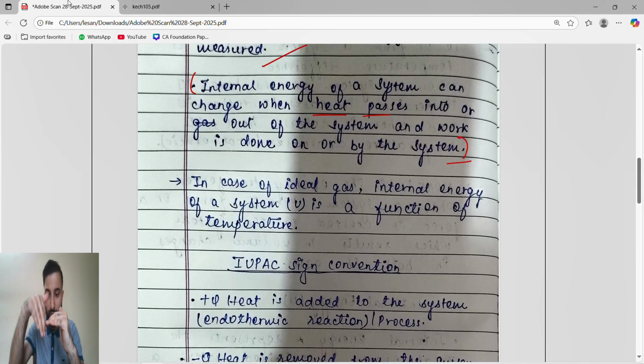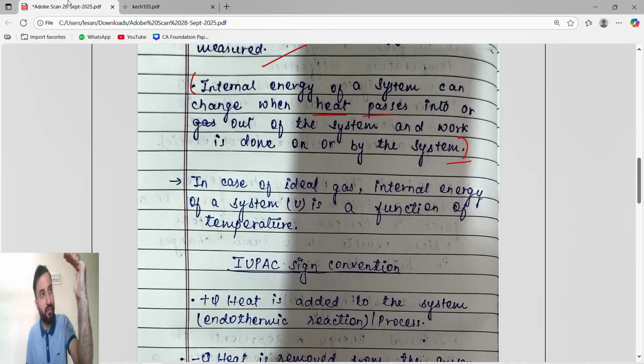When heat passes into the system, the system is absorbing the heat, which means temperature is increasing. If temperature is increasing, the movement of particles will be faster. So a change in movement means a change in kinetic energy. And similarly, if heat goes out of the system, the movement of particles will slow down, so again there is a change in kinetic energy.